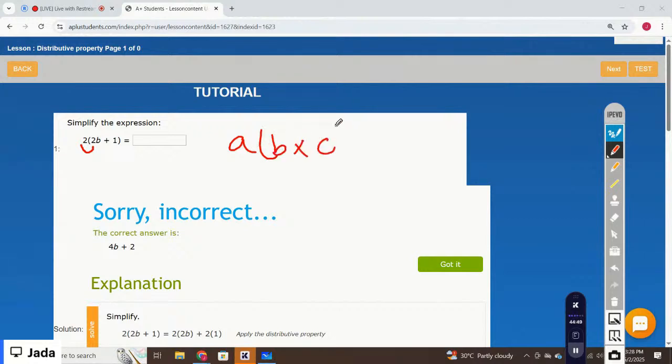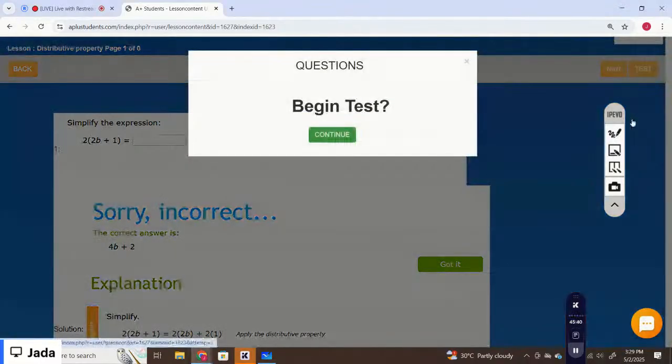The distributive property looks like this: A times B plus C, you can write it as A times B plus A times C. Let's just start with the test questions.